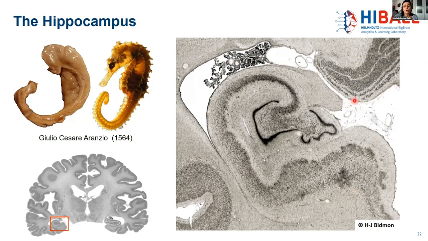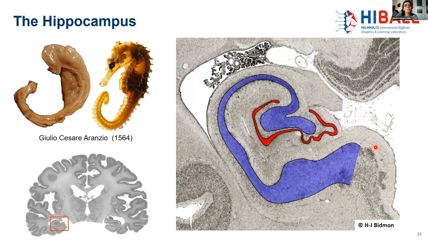Now, if we have a coronal section and we create a cutout to zoom into the hippocampus, you can see that the hippocampus is made up of two gyri with interlocking C's.